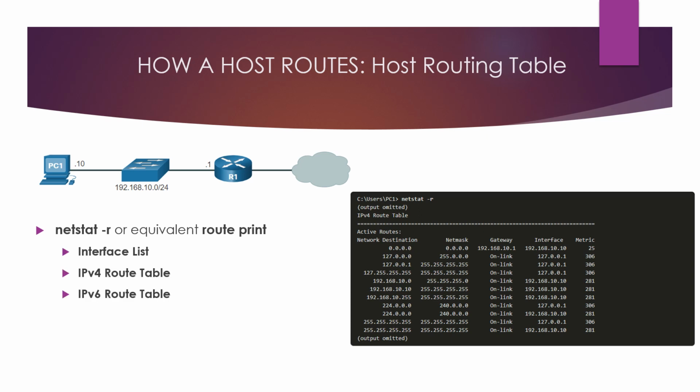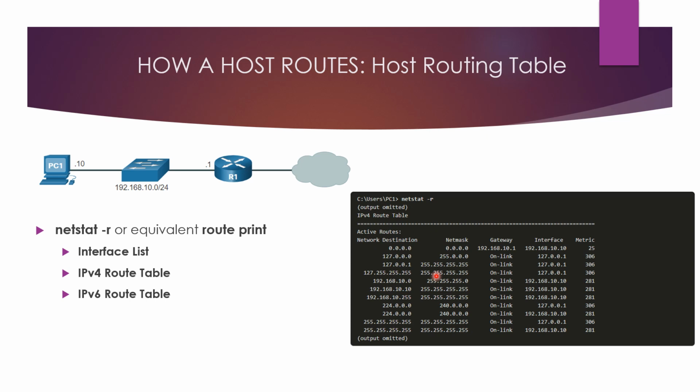We will be able to see the interface list, which displays the media access control address and assigned interface number of every network capable interface on the host, including Ethernet, Wi-Fi, and Bluetooth adapters.